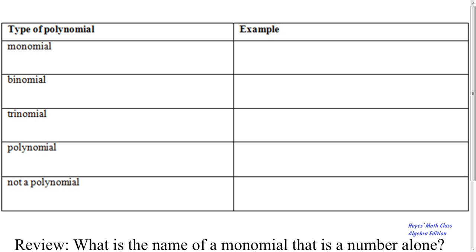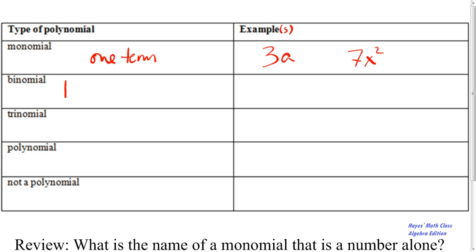So a couple of examples here. Type of polynomial is a monomial. So again, remember this is going to be one term. You don't necessarily have to write this out as a table. This is just to keep me honest. So an example would be 3a, 7x squared. Those would be examples.